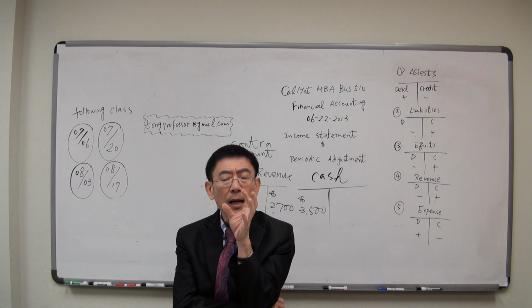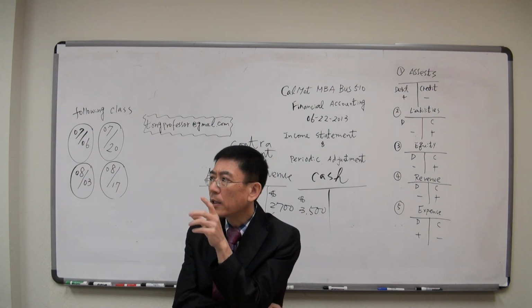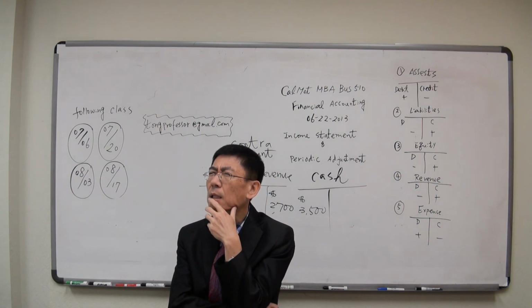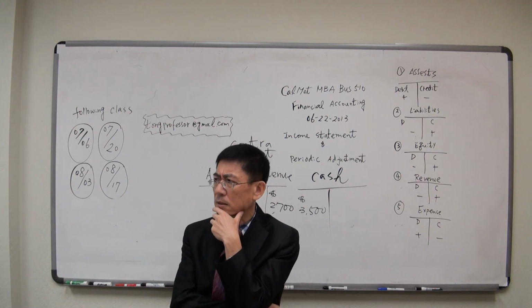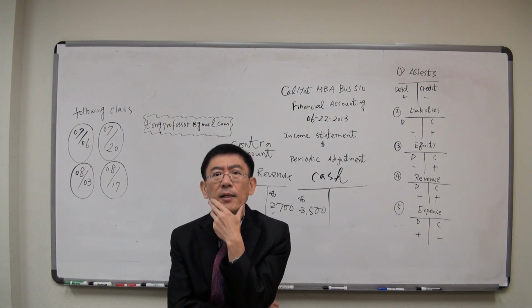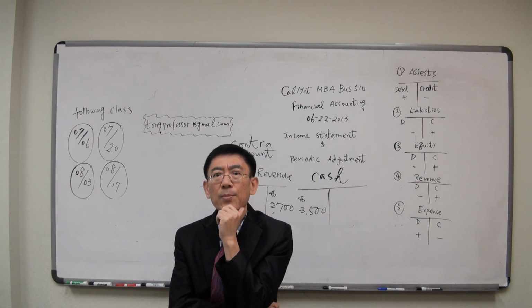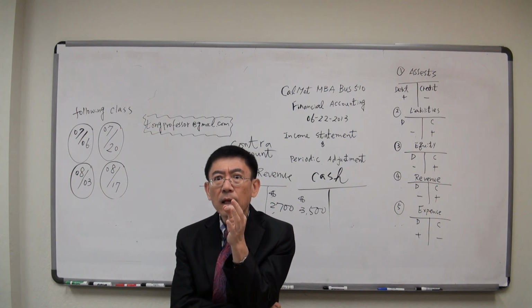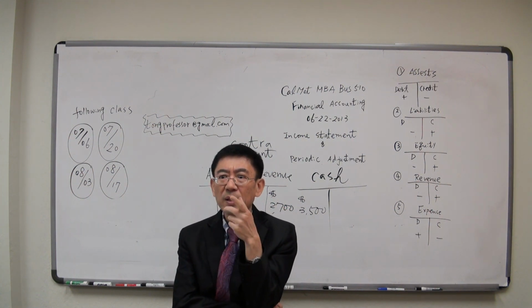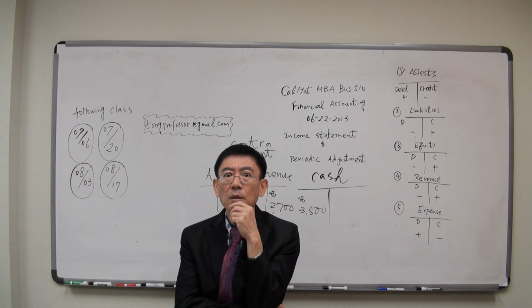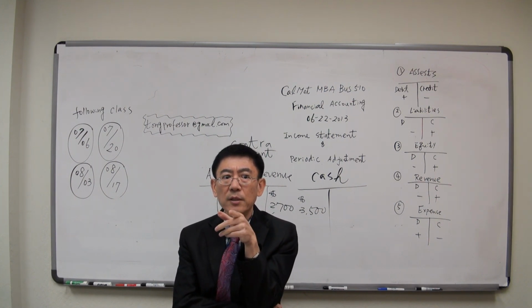The question I post here is, what is the real significance? We want to differentiate net profit before tax and after tax. Let me give you a hint. The hint I give you is this is a corporation.